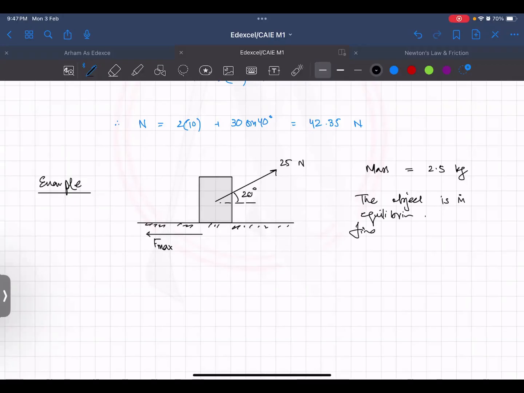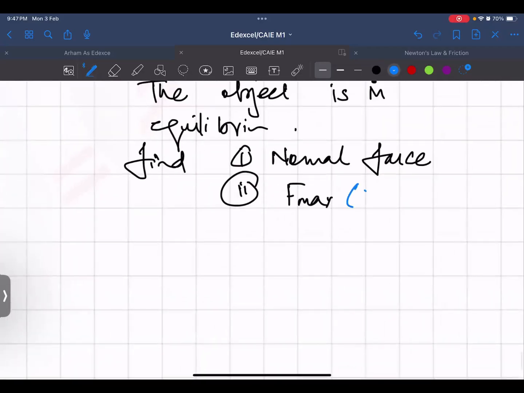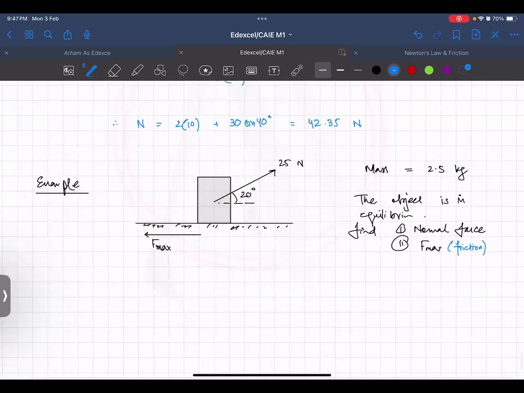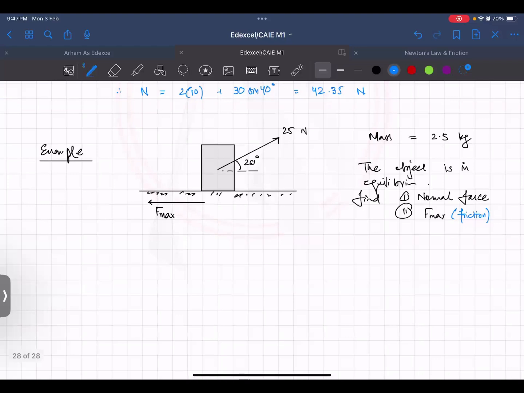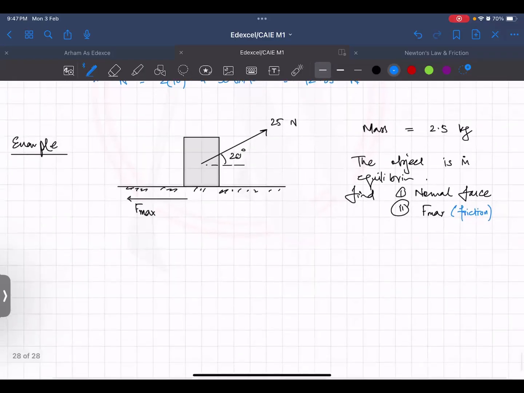Find the normal force and the F max. F max means the maximum friction force. This is something that we would use for friction. Okay, normal force and F max.